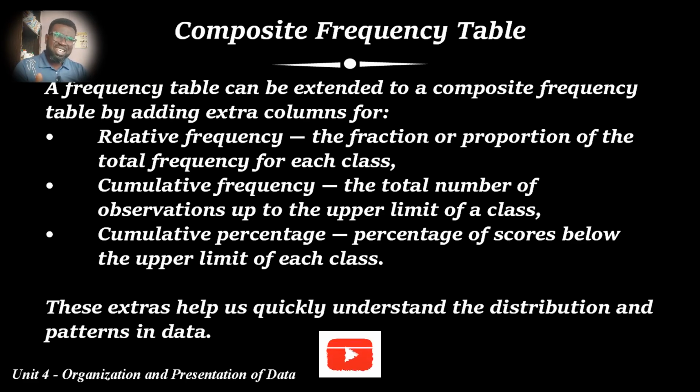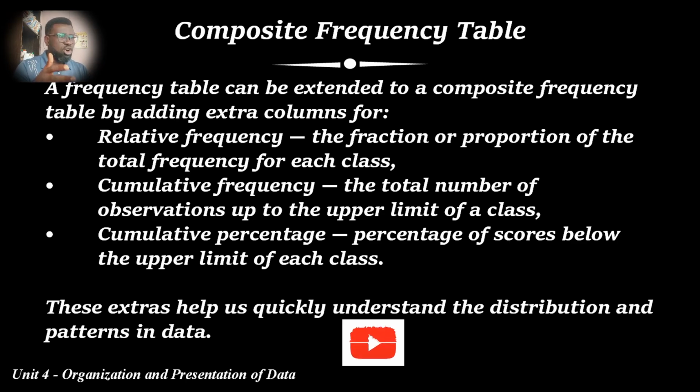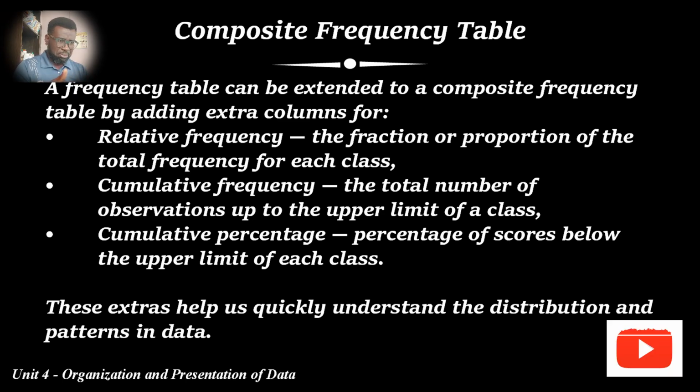Cumulative frequency is the total number of observations up to the upper limit of a class. And then the third column is cumulative percentage, which is the percentage of scores below the upper limit of each class. These extras help us to quickly understand the distribution and patterns in the data.